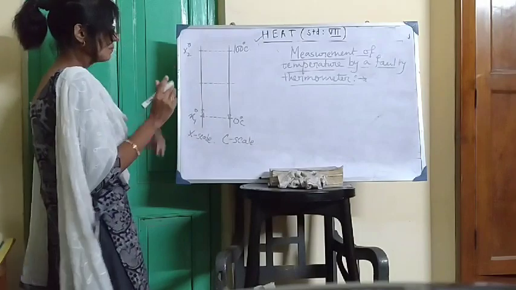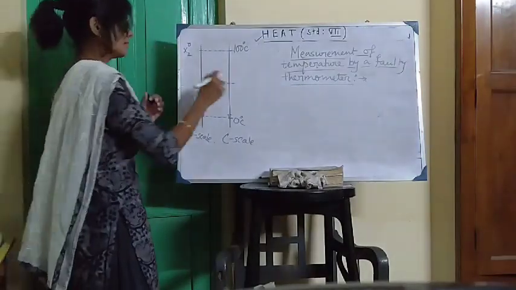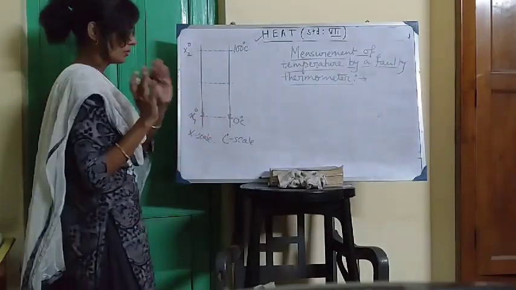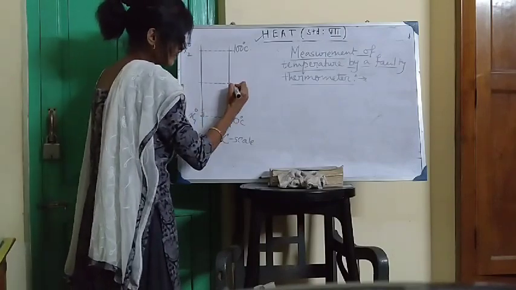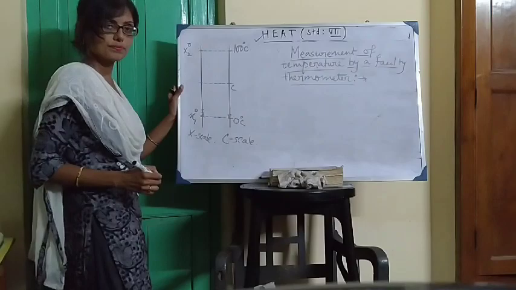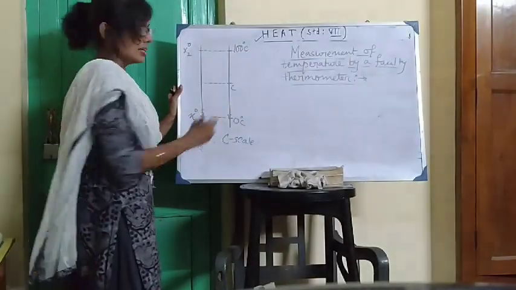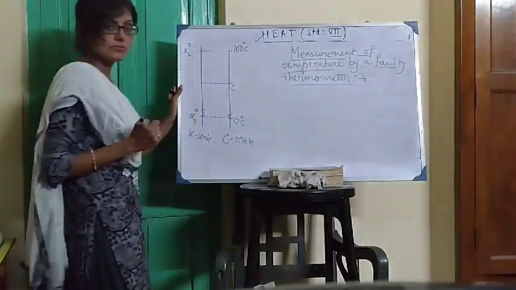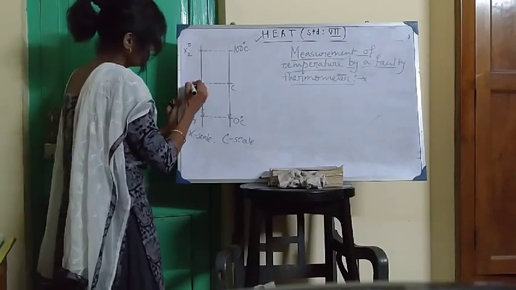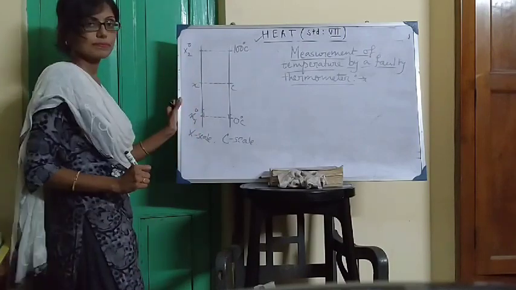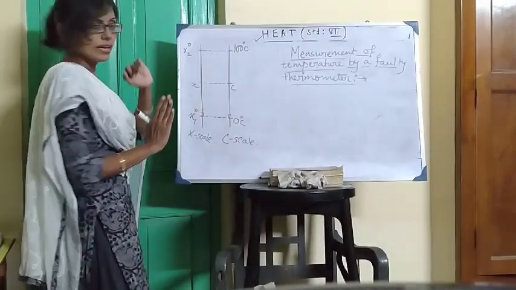Clear? Suppose any temperature of a body is C degree in Celsius scale. The corresponding temperature in the unknown scale, means faulty thermometer, suppose the temperature is small x. Same calculation.